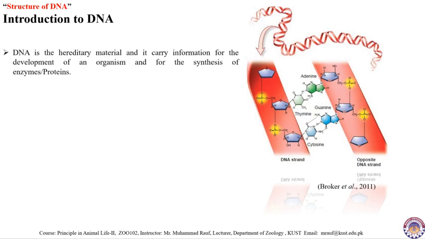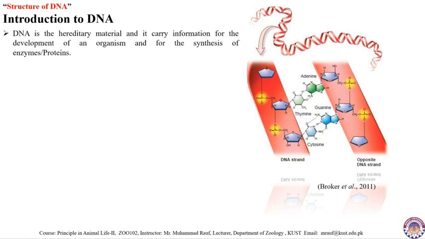Introduction to DNA. DNA is the hereditary material and it carries information for the development of an organism and for the synthesis of enzymes and proteins. The zygote is a single cell, and this single-celled zygote develops into a complete organism, and all the instructions for the development of a particular body plan lie within DNA.